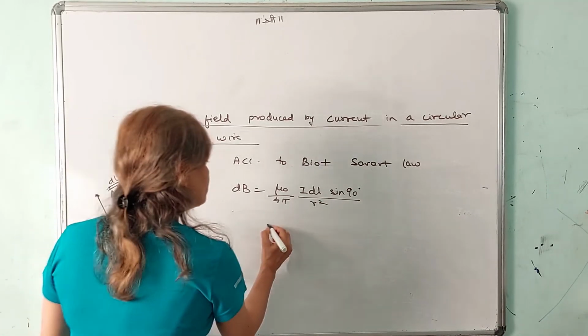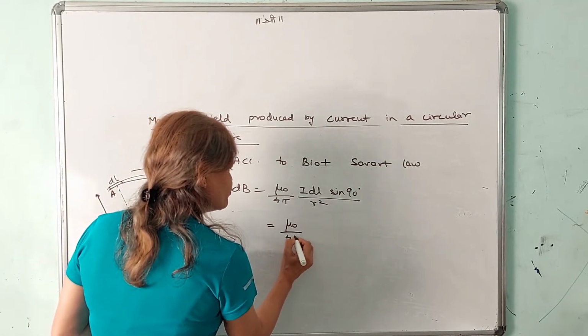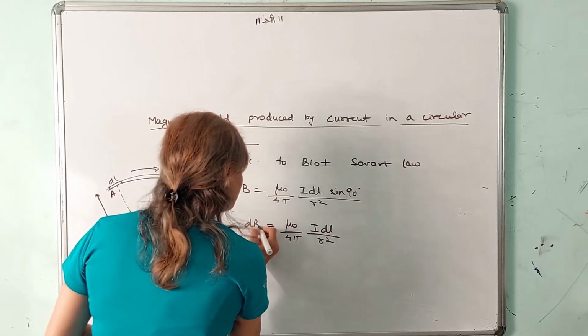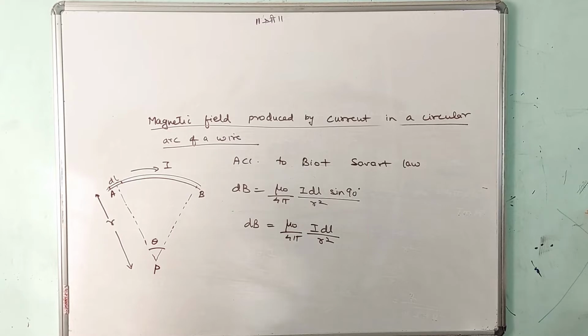Sine 90 is 1, so you get mu naught by 4 pi I dl by R square. This is dB, just due to this current element.